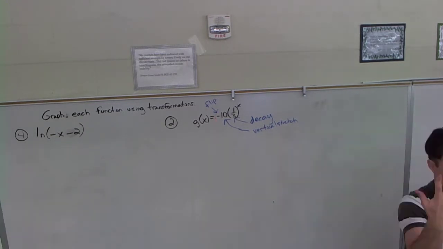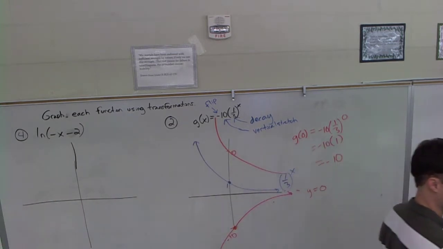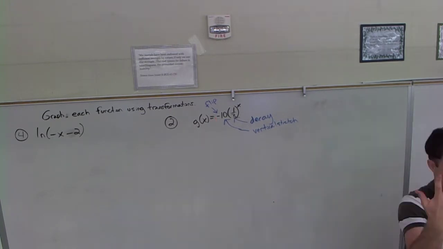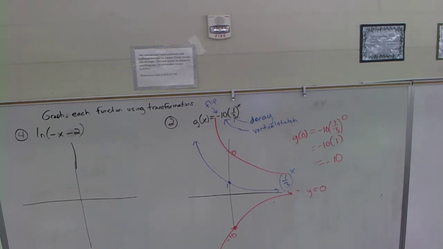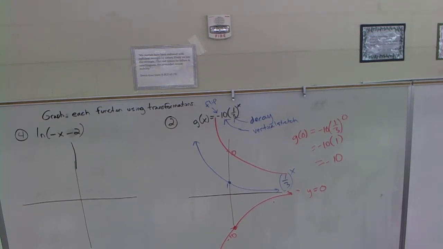Alright, here's another logarithm. We'll make sure we label our asymptote on this one. This one is perhaps the most tricky. So let's just put it in our calculator and see where it says first. Yeah, I kind of see a logarithm shape.